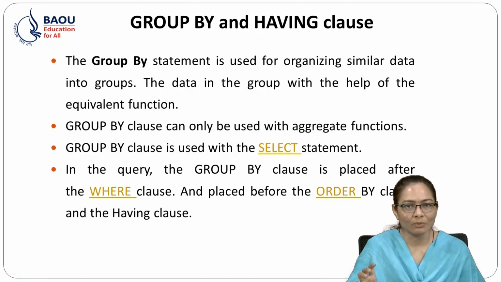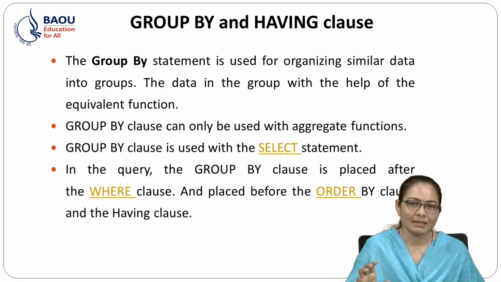The group by clause can only be used with aggregate functions, like count, max, min, sum, average. These are the aggregate functions used to group the result set by one or more columns. The group by clause is used with the select statement.